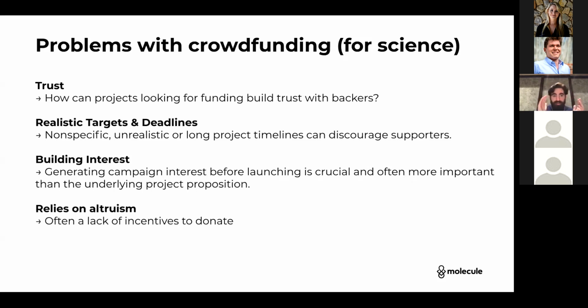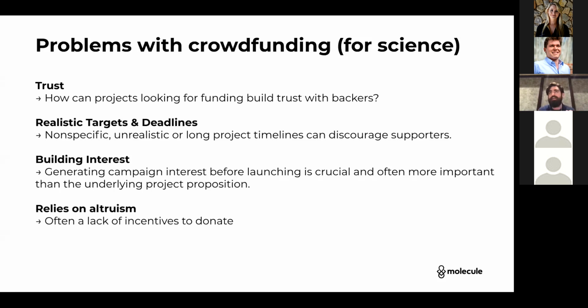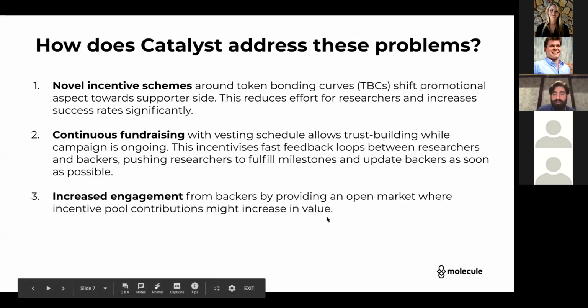So part of our thinking is, if that's the case, are there incentives we can create, or even novel crypto economic schemes, to incentivize people to behave certain ways, which I'll get to in a minute. Traditionally it relies on altruism. Beyond the altruistic, I want to implement change, I want to see X or Y done, there's not necessarily incentives for people to donate.